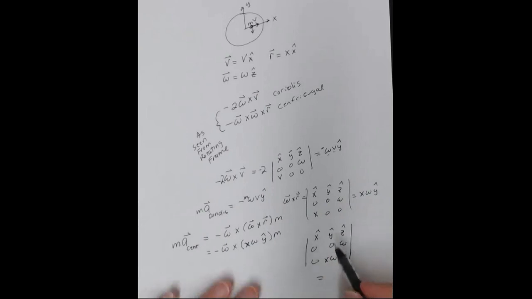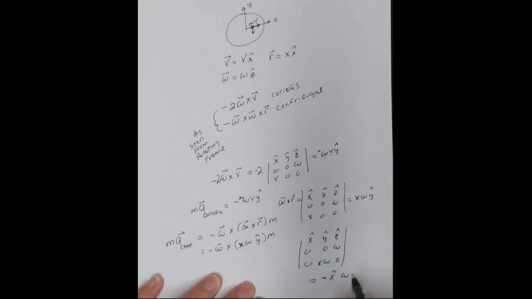We get in the negative x hat direction omega times x times omega.